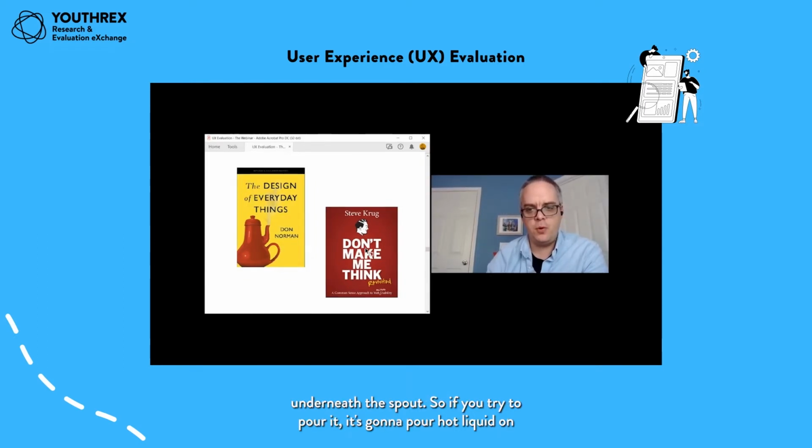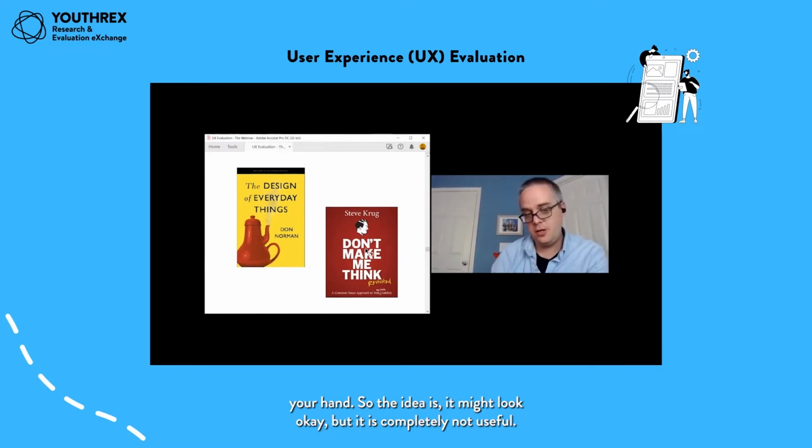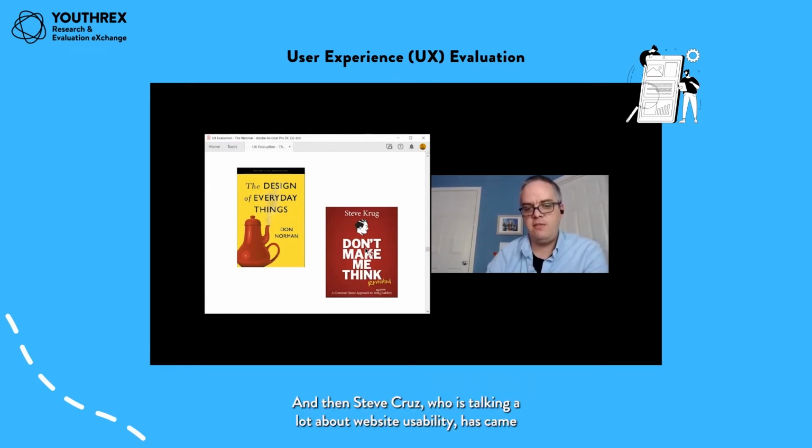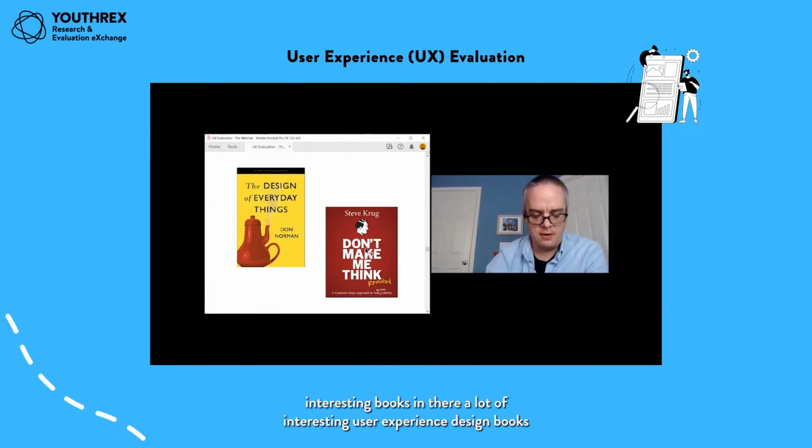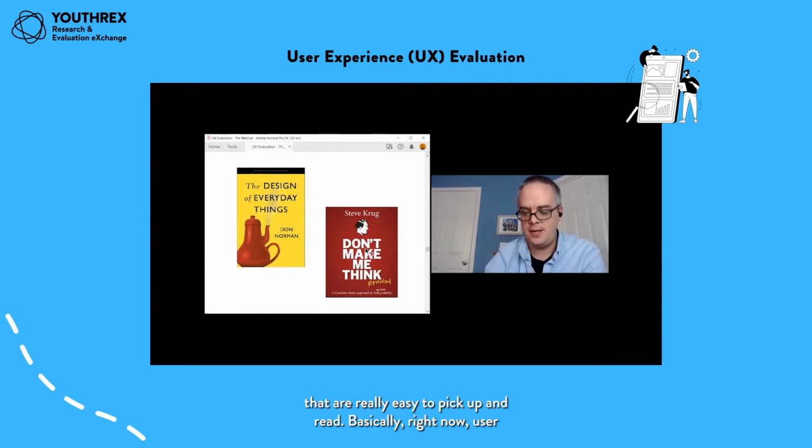So if you try to pour it, it's going to pour hot liquid on your hand. So the idea is it might look okay, but it is completely not useful. And then Steve Krug, who is talking a lot about website usability, came out with his book, Don't Make Me Think. They're interesting books, and there are a lot of interesting user experience design books that are really easy to pick up and read.